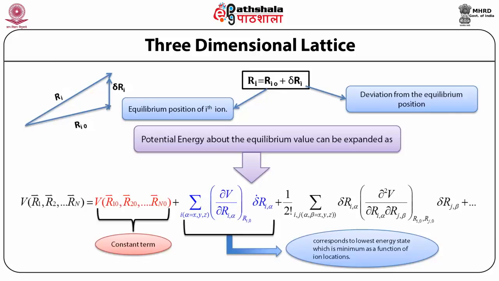So the total potential V as a function of R1, R2 till Rn is equal to first the mean value at the equilibrium position, V of R10, R20 till Rn0, plus then we have the first term, the partial differential of the potential with respect to Ri alpha multiplied by delta Ri alpha. As you can see from here, this alpha indicates the three directions x, y and z, while i represents which ion it is, the first ion, the second ion and so on.